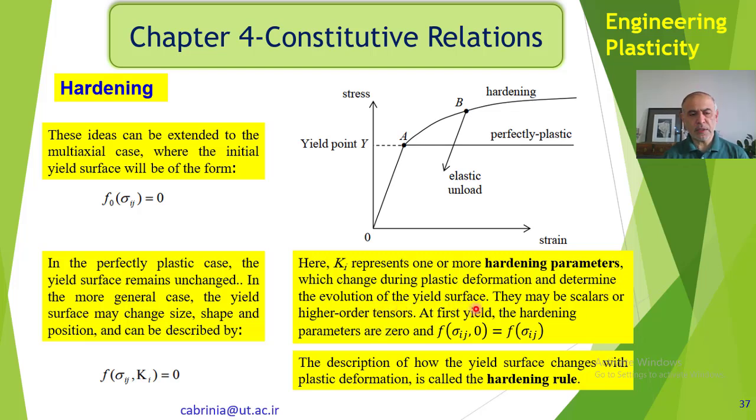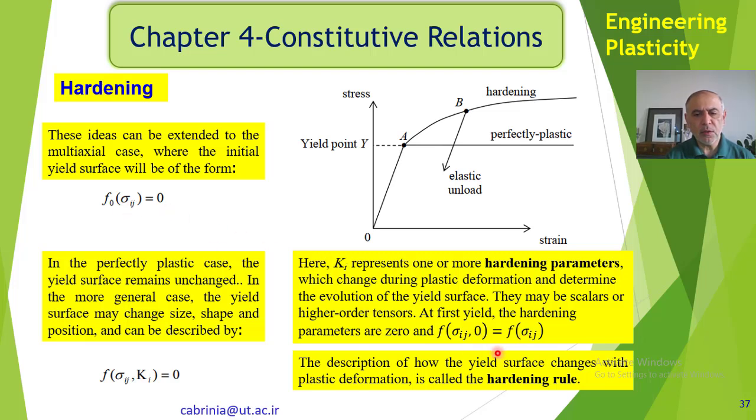The evolution of the yield surface means that because yield surface evolves from an initial position to another position, it evolves from here to there. They may be scalars or higher order tensors. At first yield, the hardening parameters are 0, and therefore we have F(sigma ij) = 0, the same as this one.